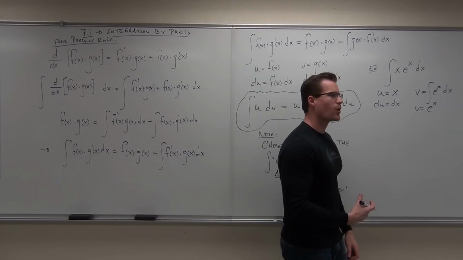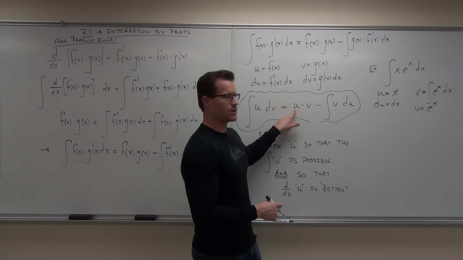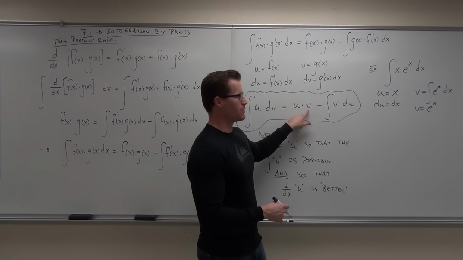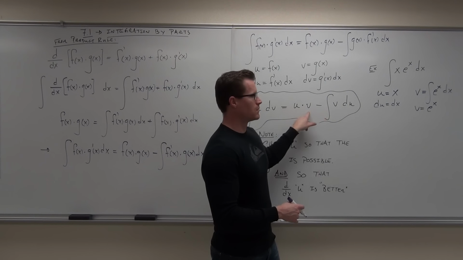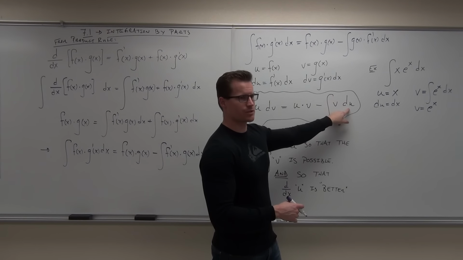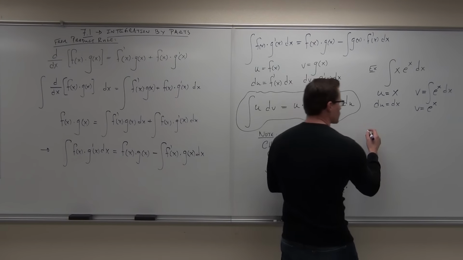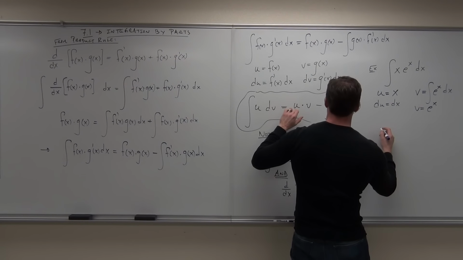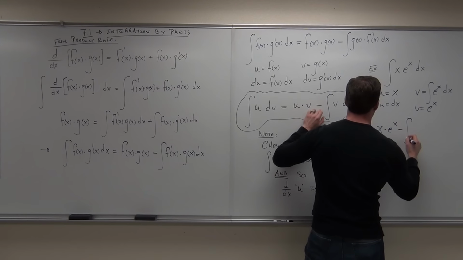Do we have the parts? Do we have what u equals? Yes. Do we have what v equals? Yes. Do we have what du equals? Yeah. Put in the formula. So what our integral is then is u times v minus the integral.